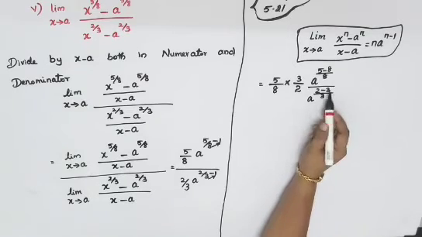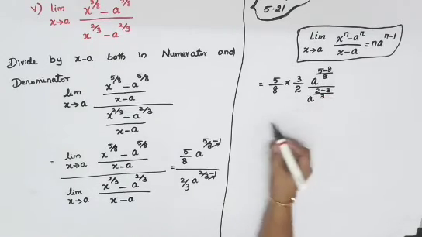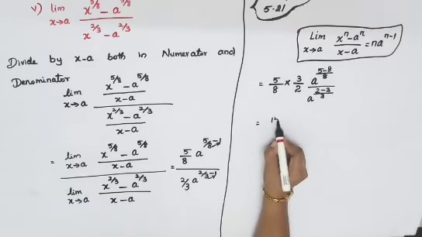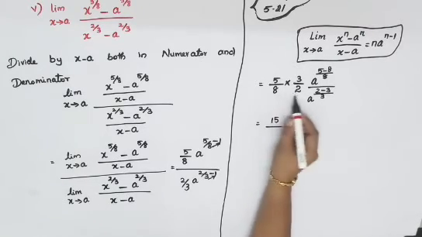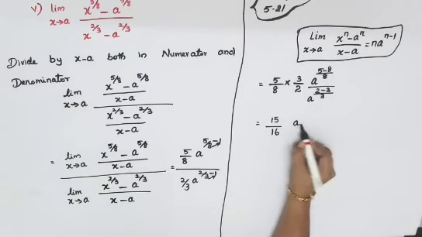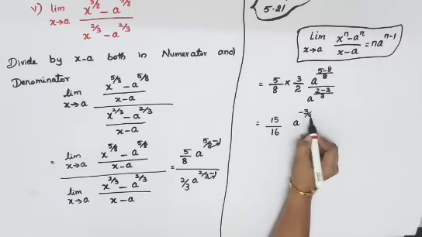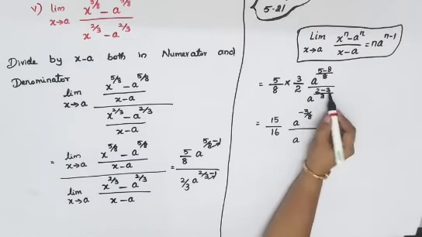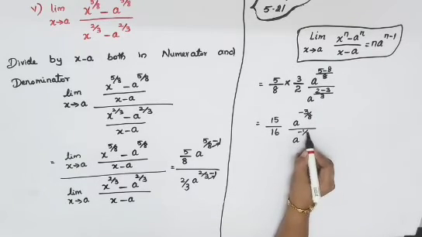Everything is in the power, here also a power. So which is equal to, if you want, multiply this: 5 threes are 15 divided by 8 twos are 16 you will get. And a power 5 minus 8 will become minus 3/8, divided by a power, again 2 minus 3, you have minus 1/3.